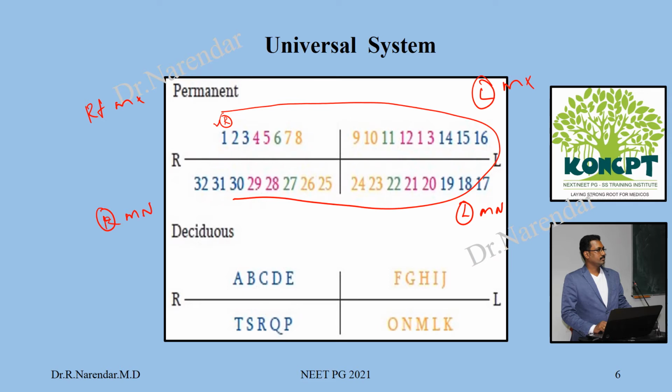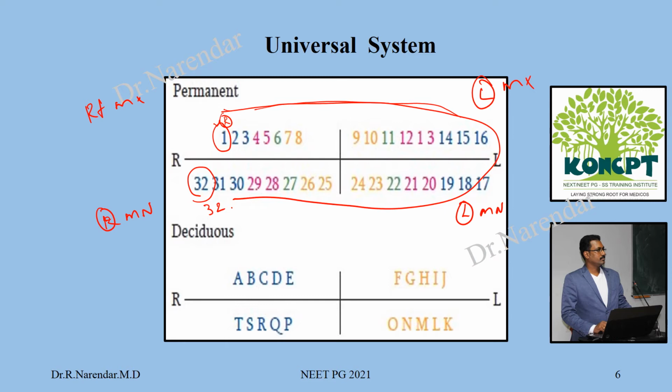Starts from the right maxillary third molar, that is the first tooth. It goes in a clockwise direction and then ends in the right mandibular third molar, that is the 32nd tooth.